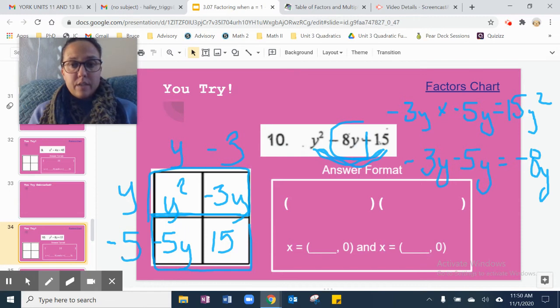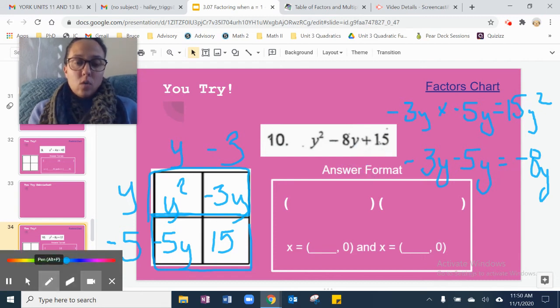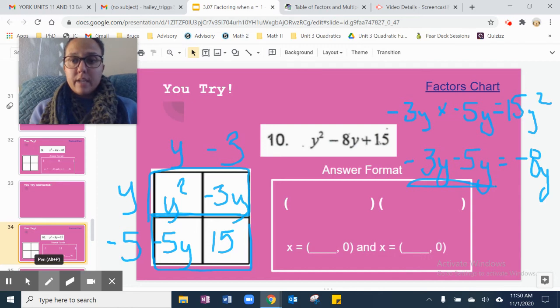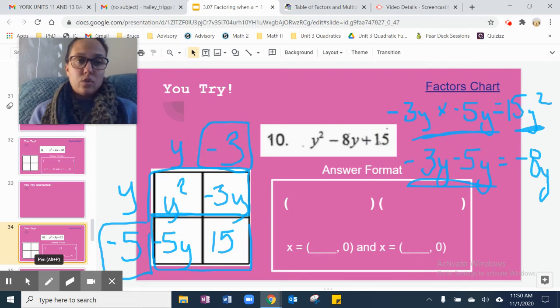So because we have this very unique situation where we have two numbers being combined to make a negative and being multiplied to make a positive, we therefore have to extract or factor out two of the negative numbers.